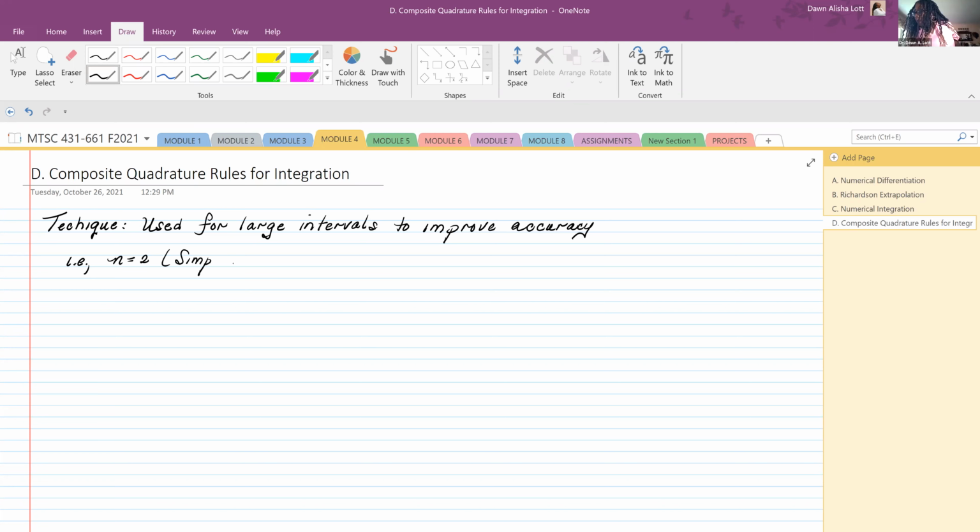We already know that the error is equal to negative the fourth derivative at c over 90 times h to the fifth. And you can see that can be large if h is large.